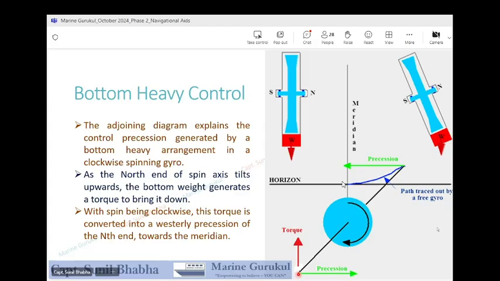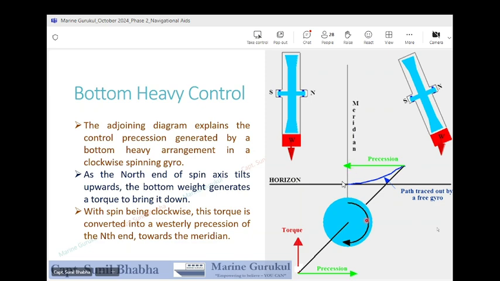The south end of the spin axis precesses in the easterly direction, and this results in the north end of the spin axis precessing in the westerly direction. So again generating a similar effect, taking the spin axis north end back towards the meridian.